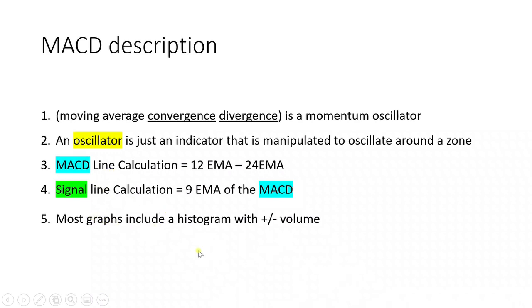And then also, most every graph, I've never seen a graph not include it, includes a histogram with positive or negative volume. And that's just how the MACD, like I was saying, revolves around zero. Same with this positive or negative.